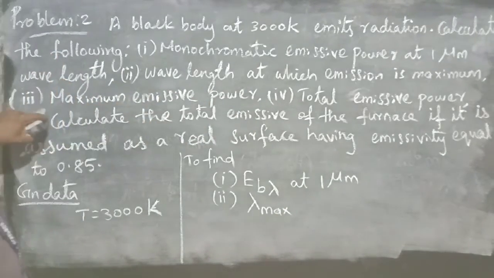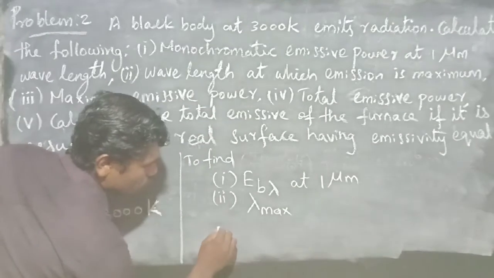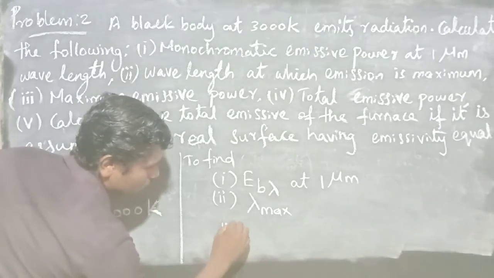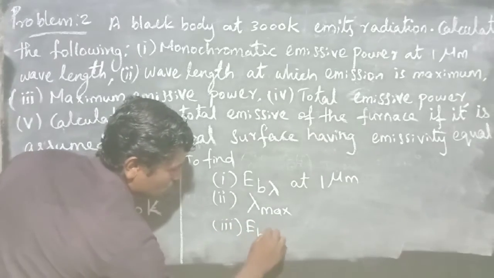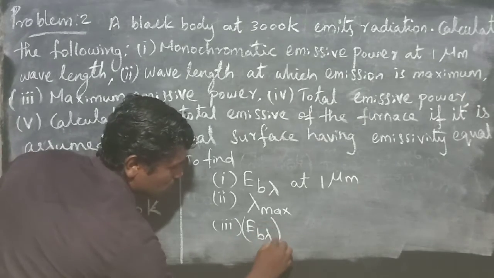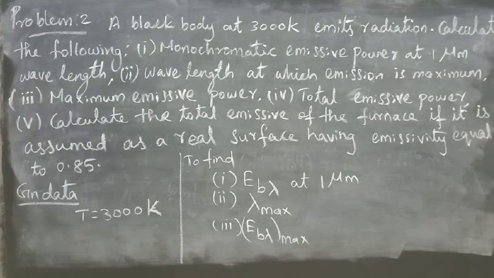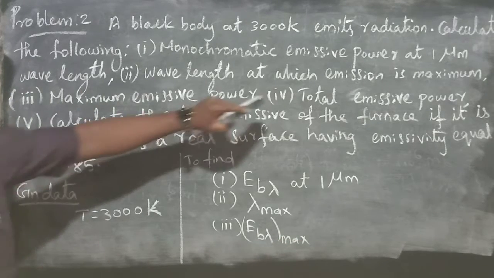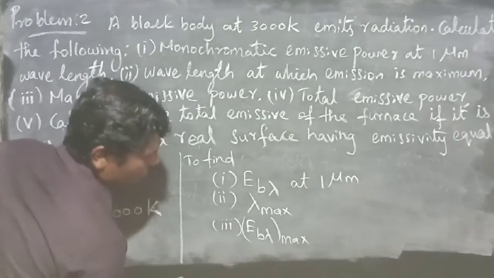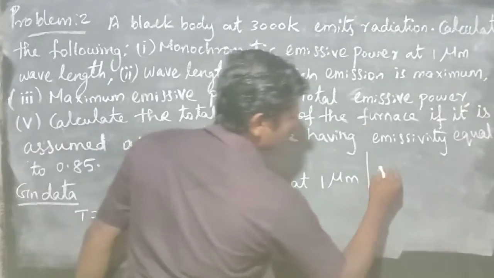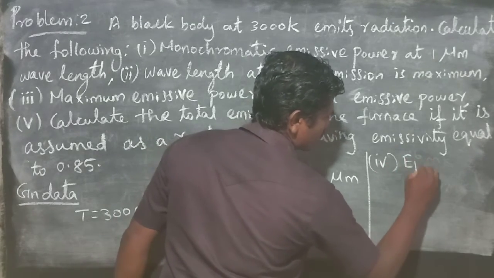Next, third one, maximum emissive power, Eb lambda max. Next, fourth one, total emissive power, that is Eb.